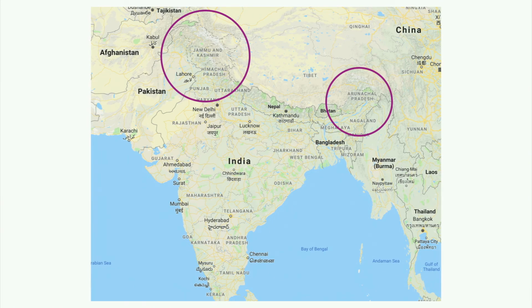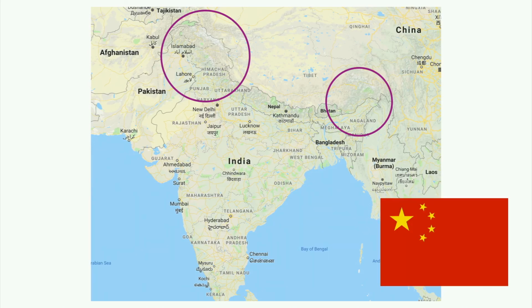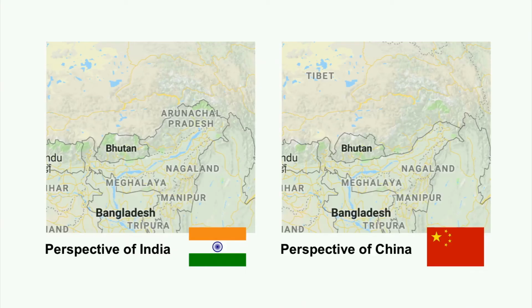If you change your geographic perspective in Google Maps, for example, to the Indian perspective, you'll notice that those dotted lines went away, and now it says that both of these regions exist inside of the Indian country. But if you change to, say, China, you get a very different result. So if you zoom in really closely on one of those regions, you can notice a very stark difference between the different perspectives of the same geographic region.